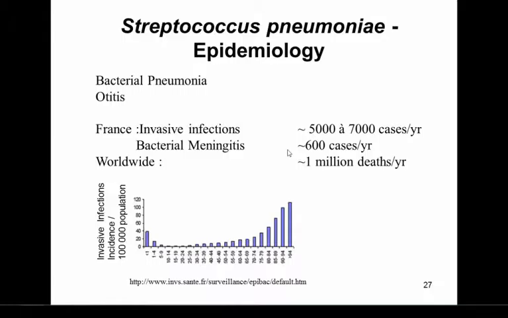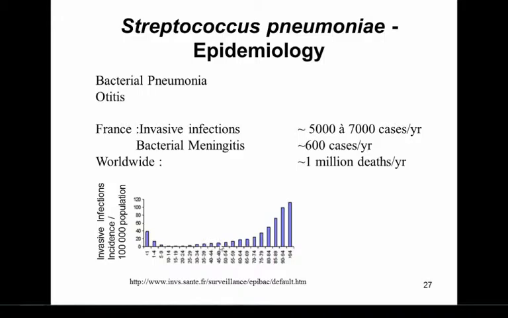So who's at risk for these invasive infections? Well, very young children, less than 1 year of age, babies, are susceptible. And then as you get young children, people that have had contact with this bacterium will develop antibodies and they'll be resistant.